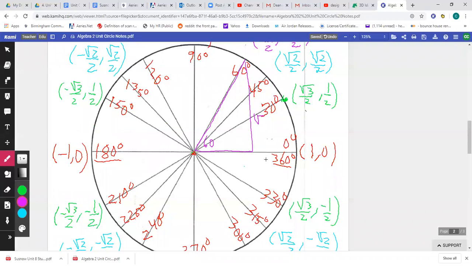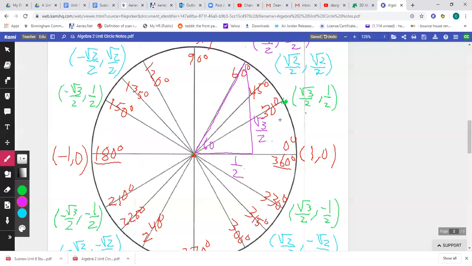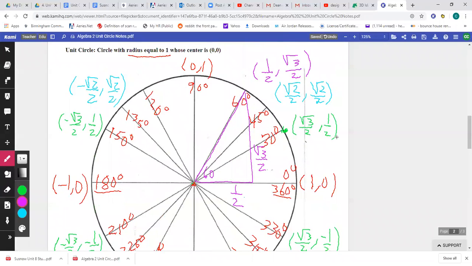This is √3/2, and this is 1/2, right? And that's where we got the 1/2, √3/2. So once again, if I draw the 60-degree angles everywhere, I still have the same x and the same y.